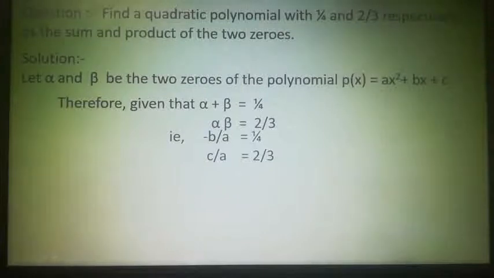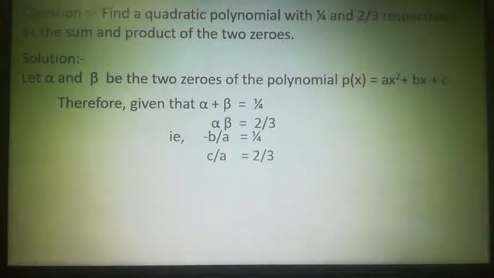Negative b by a is equal to 1 by 4 and c by a is equal to 2 by 3. See here, these are two equations. And on the left side, the two equations have the same denominators, a and a. But on the right side, in one place it is 4 and in the second one, the denominator is 3. When these two values are equal, then only we can compare these values of a.